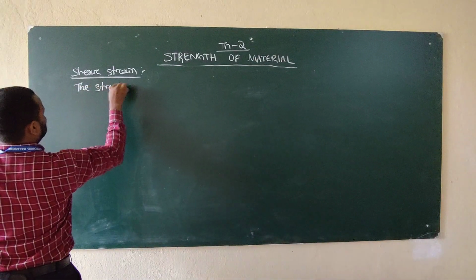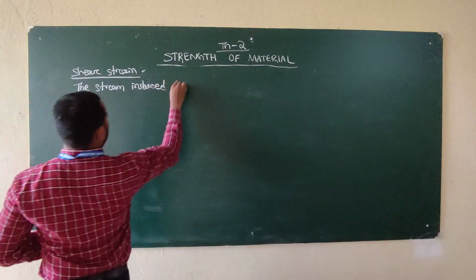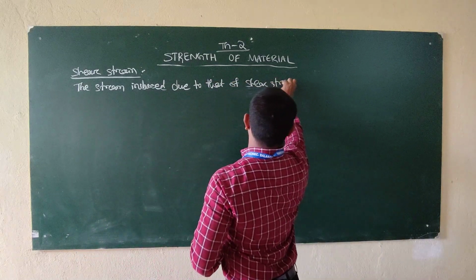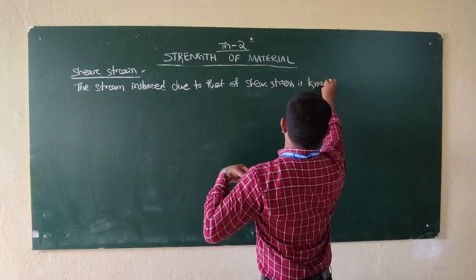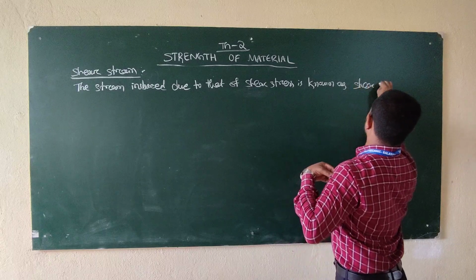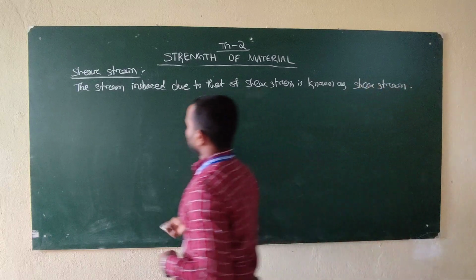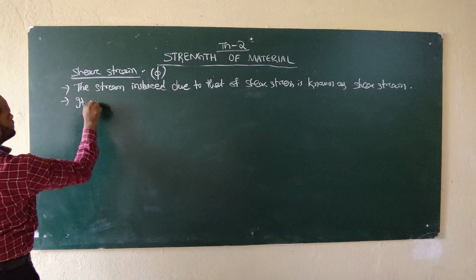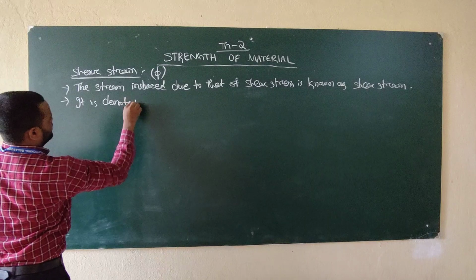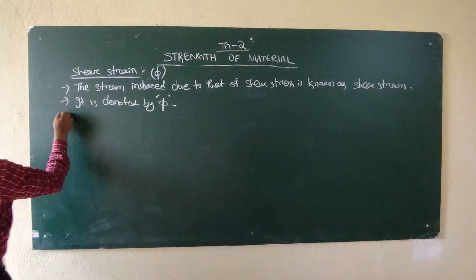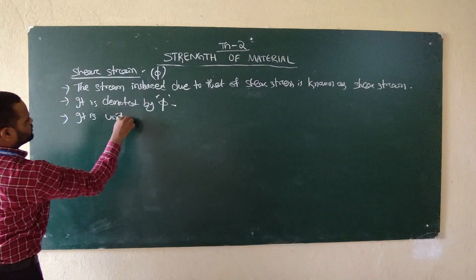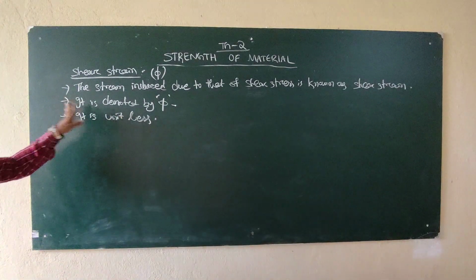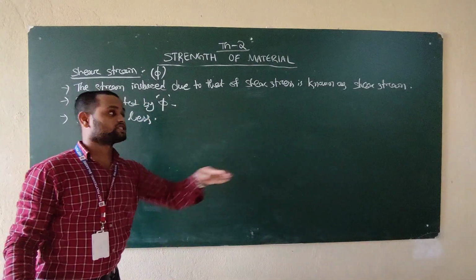It is denoted by phi. It is unitless. We know that strain is unitless, so shear strain is also unitless.